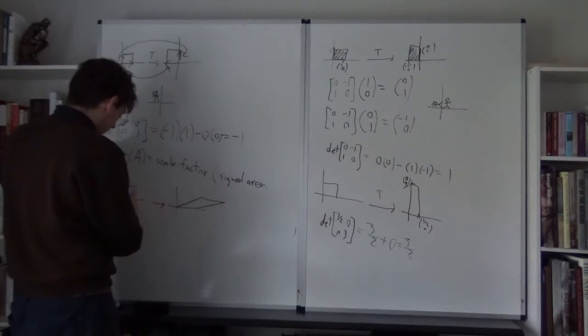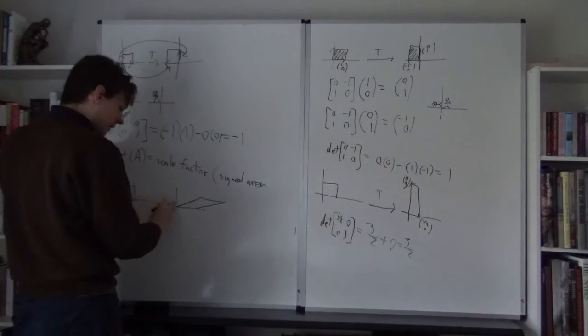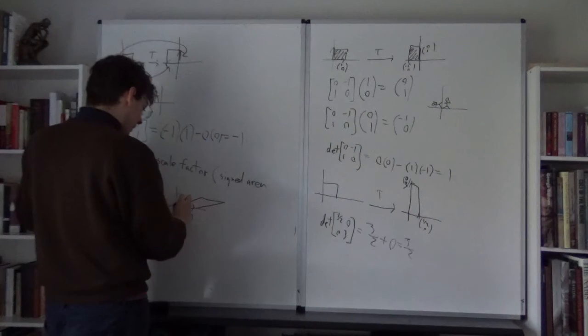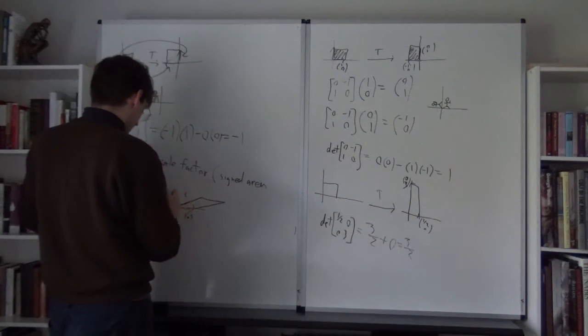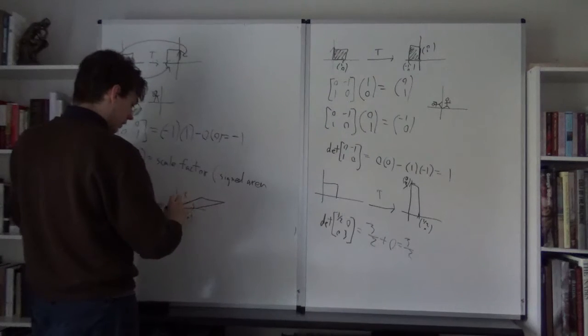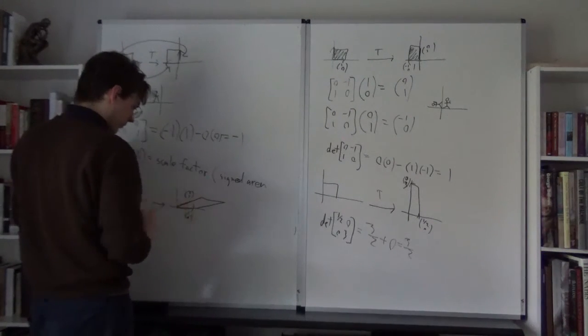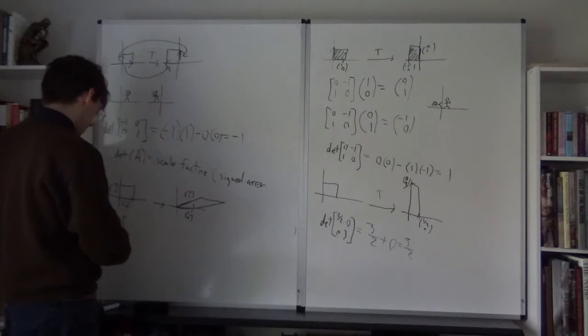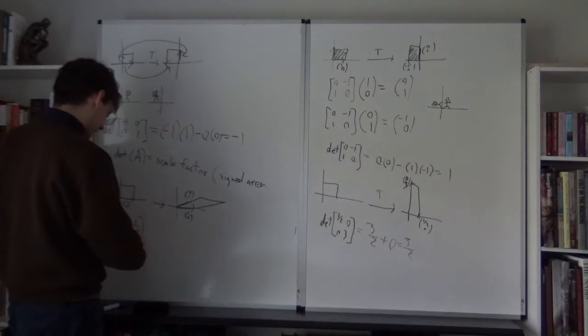This guy right here, 1, 0, he stays the same. But this guy up here, he changes. He goes from being 0, 1 to being, let's say, 2, 1. Okay? And the matrix that corresponds to is going to be 1, 0, 2, 1, like that.